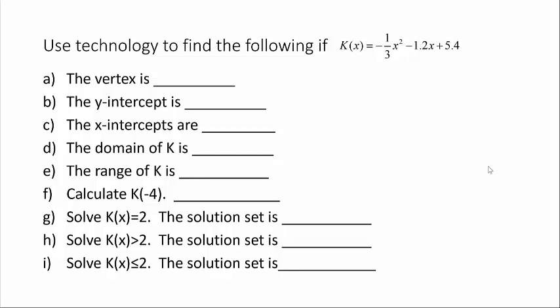In this example, we're going to use technology to find the following if k of x is equal to negative 1/3 x squared minus 1.2x plus 5.4.